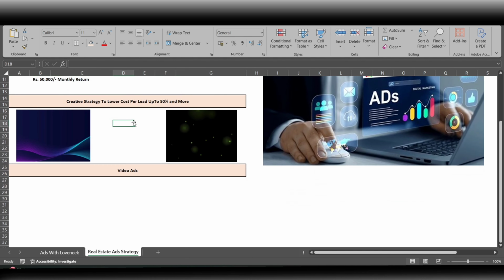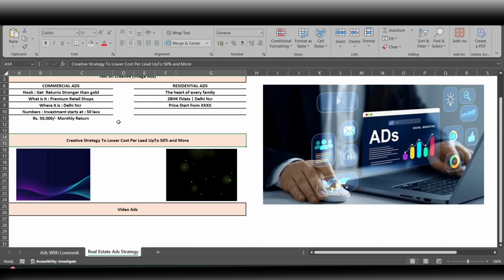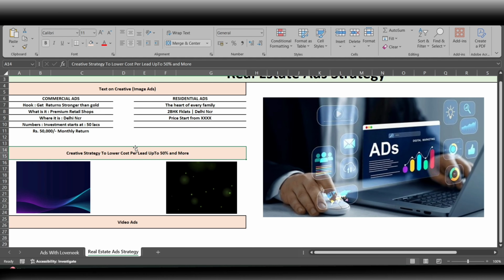Now let's discuss the strategy I was talking about that has helped me drop my cost per lead by up to 50% or even more. What I did is, I was testing out a few things. Let's say I create an image ad on the basis of this brief. I asked my designer to add an animation on this image, a 3 to 4 second animation, not a very prominent one.